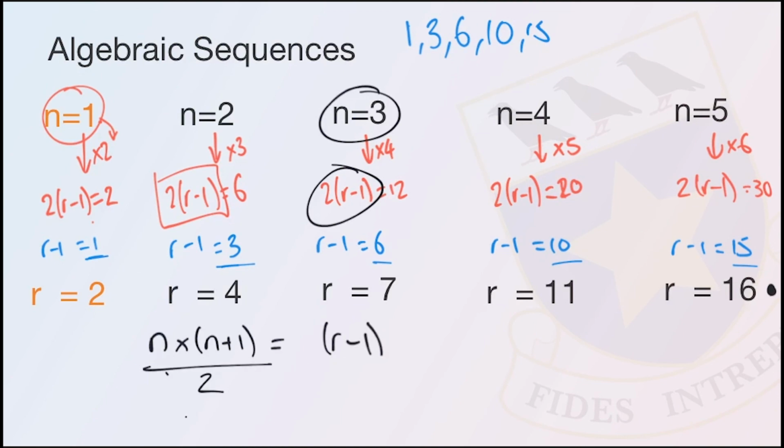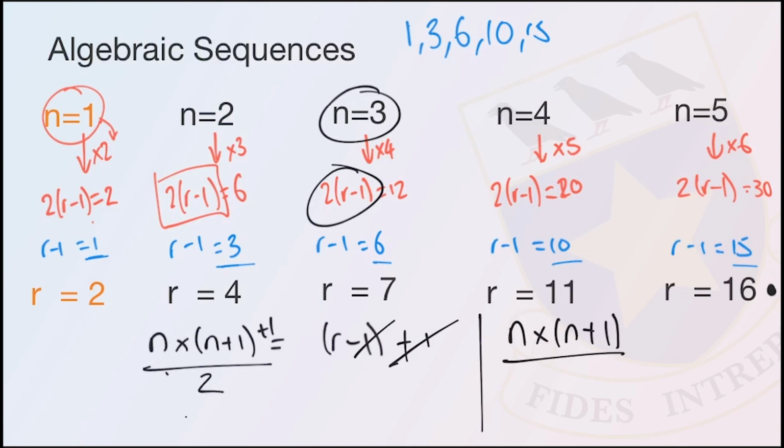So now all I need to do is add 1 to both sides. If I add 1 to this and I add 1 to this, well then this r minus 1 plus 1 is just going to cancel itself out. And finally what we're left with is n times n plus 1 divided by 2 plus 1 is equal to the number of regions.